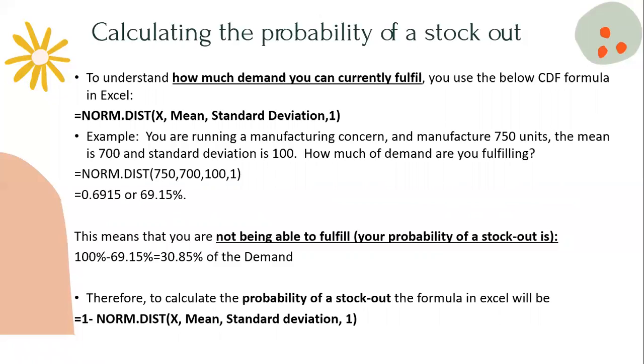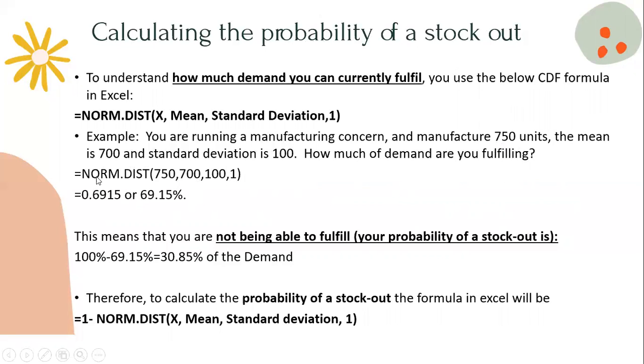So the first thing you need to calculate is how much of the demand are you fulfilling? If you are making 750 and selling it in the market, and usually the mean is 700 and the standard deviation is 100, the first question you have to answer in order to calculate the probability of a stock out is how much of the demand are you fulfilling?